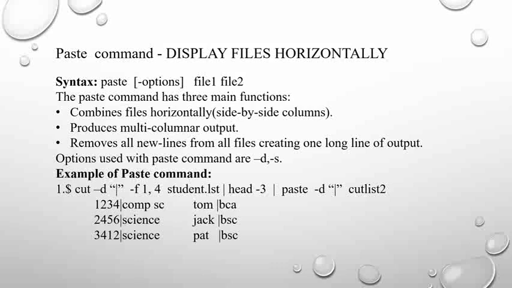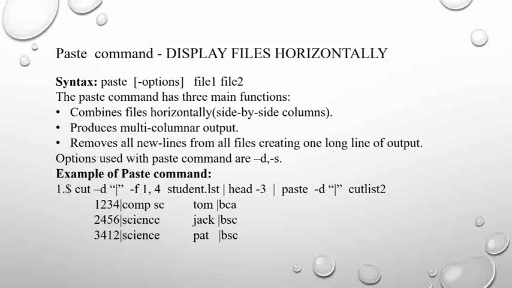The cut command will give you fields 1 and 4 from the student.list, and head will give you the first three lines of the file, and then it is pasted to the cut.list file. You can see the first three lines, nothing but the student details.